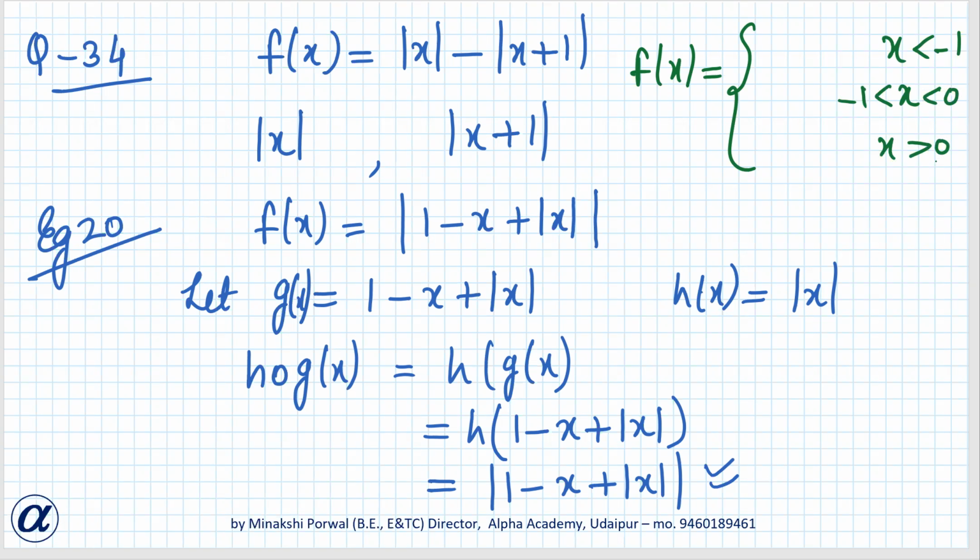When x is less than 0, this will be negative, and for x greater than 0 it will be positive. And for x less than minus 1 this will be negative, and for x greater than minus 1 this will be positive. So you can define the function at 3 intervals, and then also we can do this question.